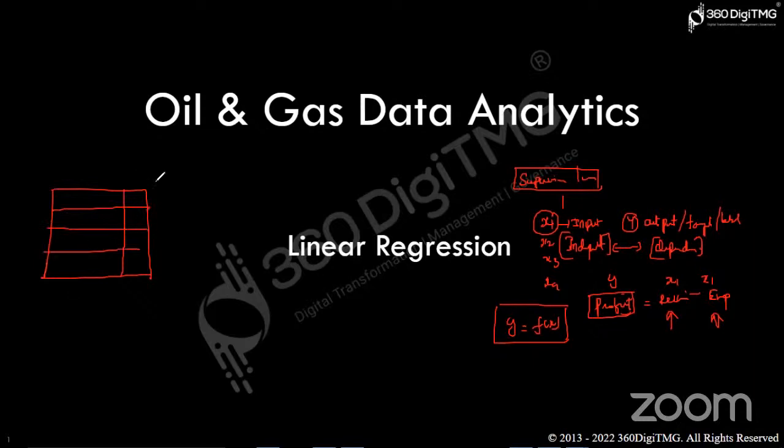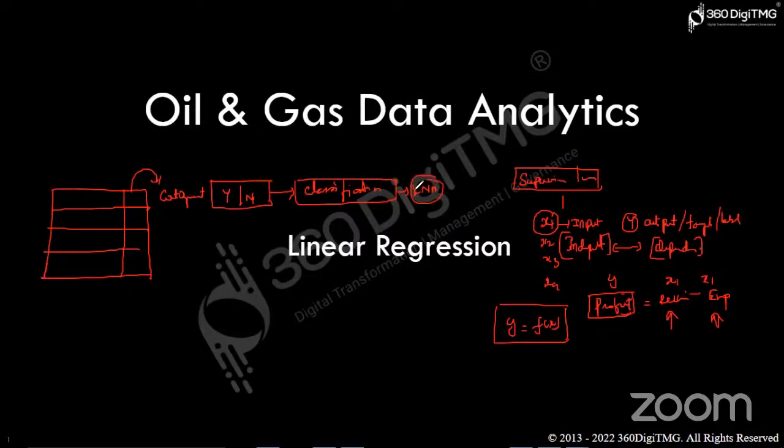If my output variable is categorical, like yes or no, then we will be using classification models. We have already seen this. We have used classification models like KNN, and we have done some lithology process.